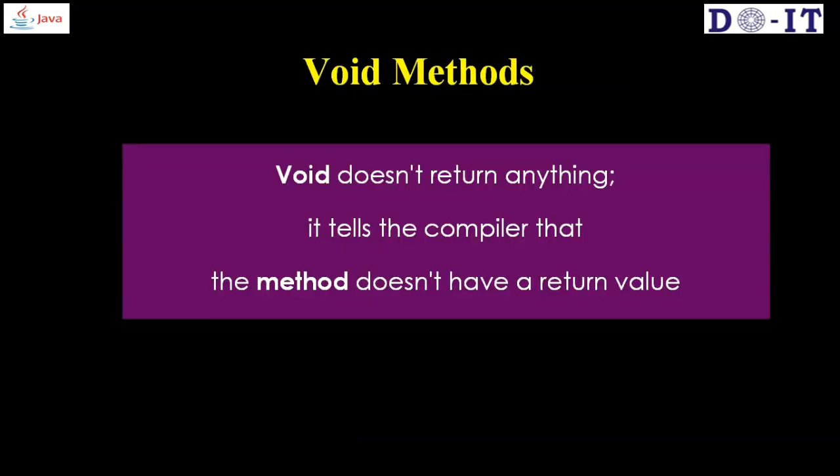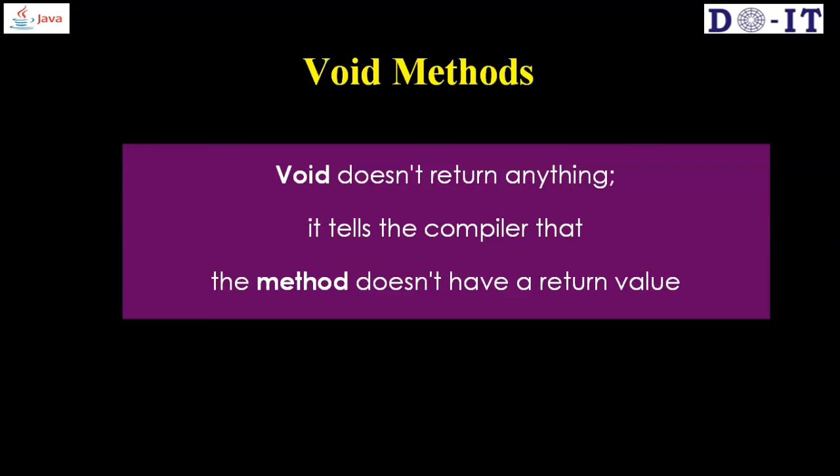And functions, as we already know, can be void. Technically, void is not a data type. Void is a keyword used in our language, which acts as a placeholder to tell your runtime that, hey, this method does not have any return value.